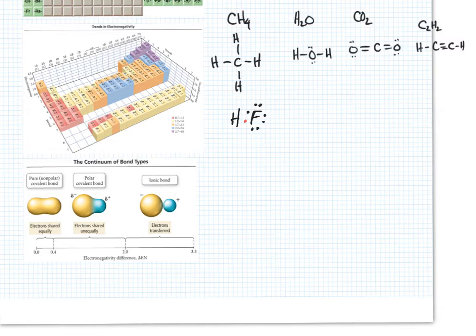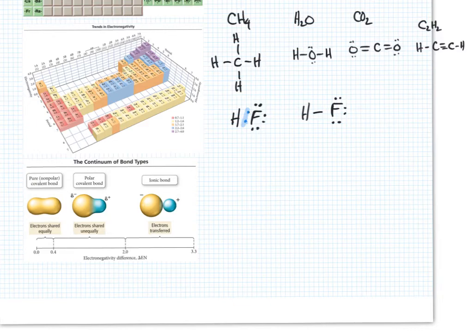So that looks good, right? We've satisfied the octet for all these. And remember, we can replace these 2 dots with a line. So we'll get something that looks like this. This would be the Lewis structure for the HF molecule. Okay, nice simple one. That's probably a high school level problem.